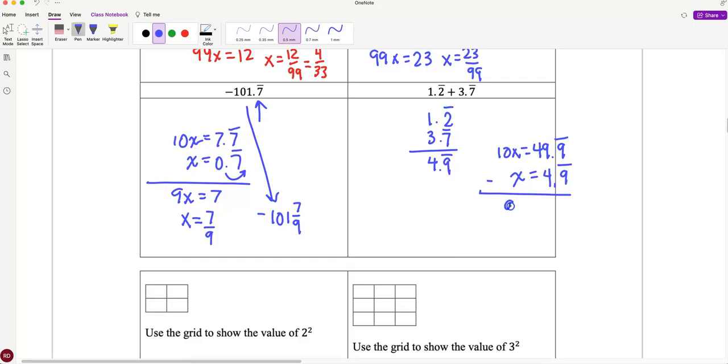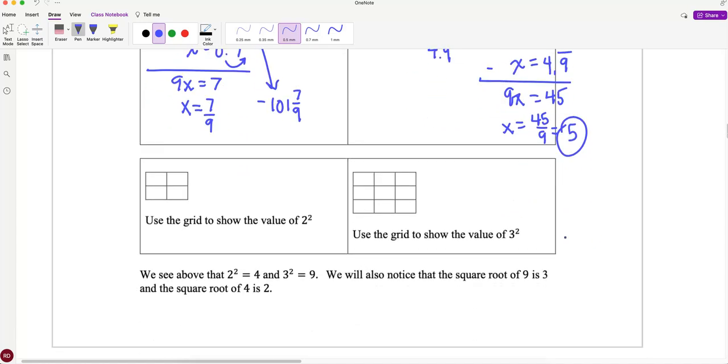Set up a subtraction. 9x equals 45. So x is 45 over 9, which is 5. So that is a rational number. Okay.